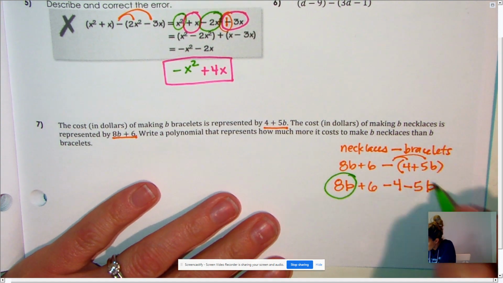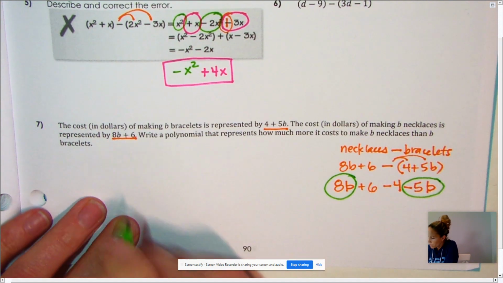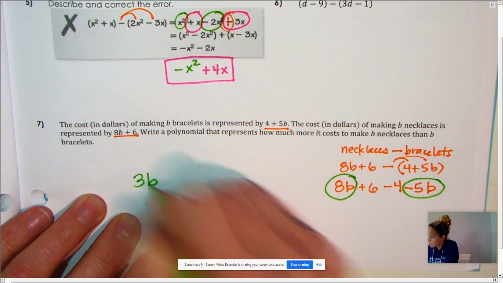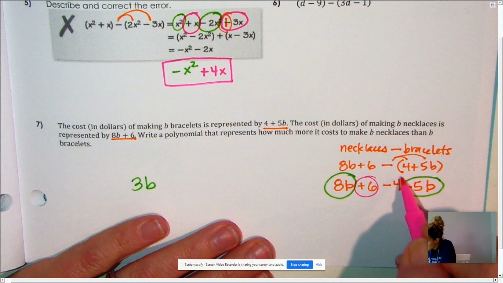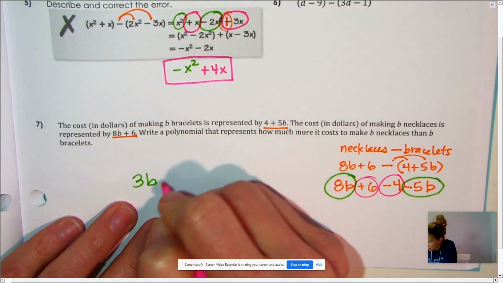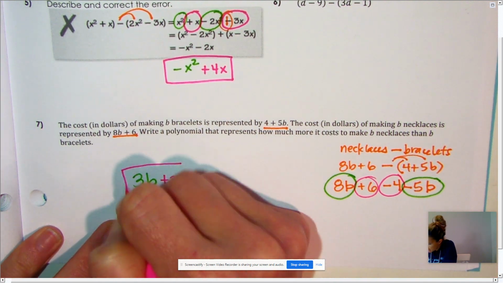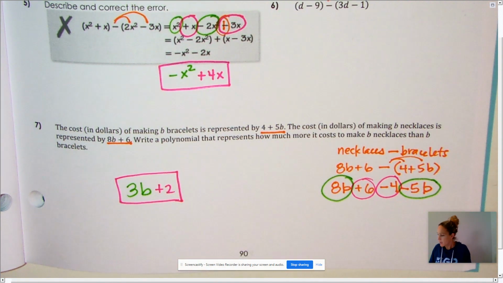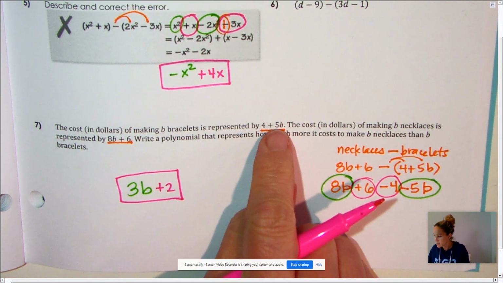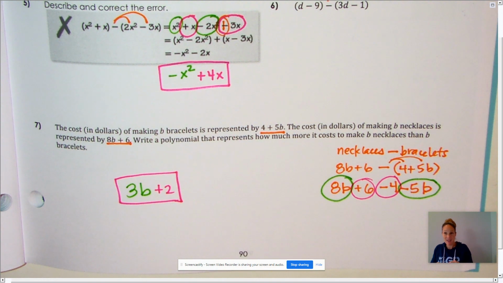So 8b take away 5b would be 3b. And then a positive 6 and a minus 4 would just be a positive 2. So that is my final answer there. So we're just subtracting the necklaces minus the bracelets. Okay, and that is it for 10.2.